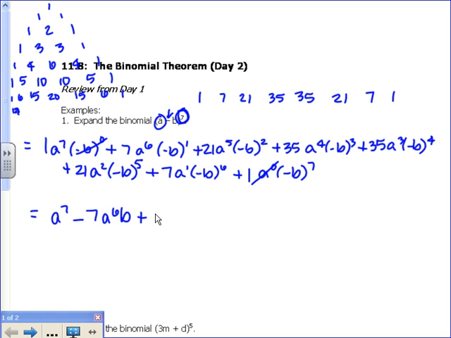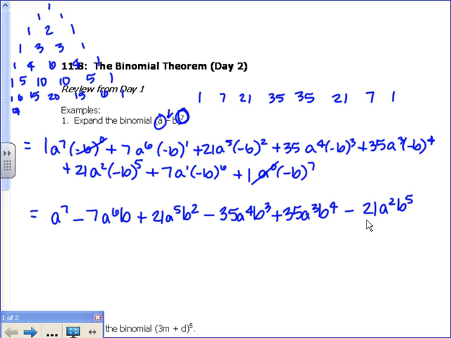Plus, because I'm going to alternate my signs, 21a to the 5th, b squared, minus 35, a to the 4th, b cubed, plus 35, a to the 3rd, b to the 4th, minus 21, a squared, b to the 5th, plus 7a, b to the 6th, minus b to the 7th.